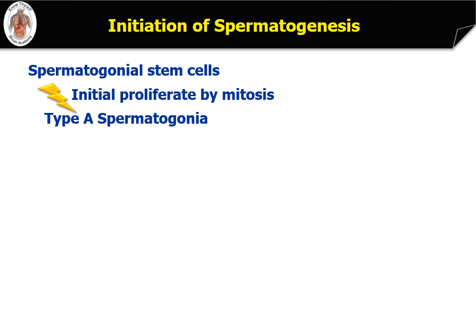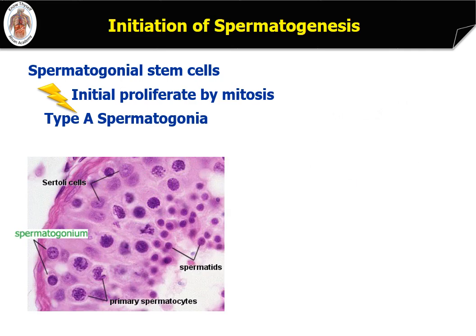This cell, after some time, differentiates into type A spermatogonia, having some special characteristics. This also can divide by mitosis and increase in number, but it moves to the second layer from the deeper part.